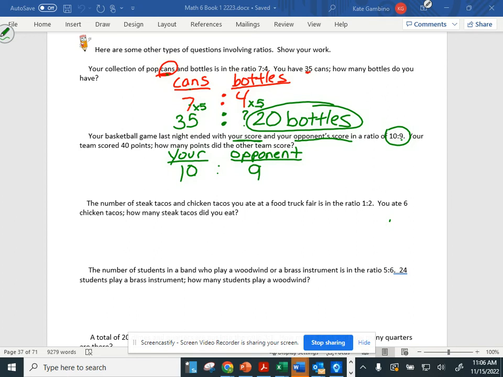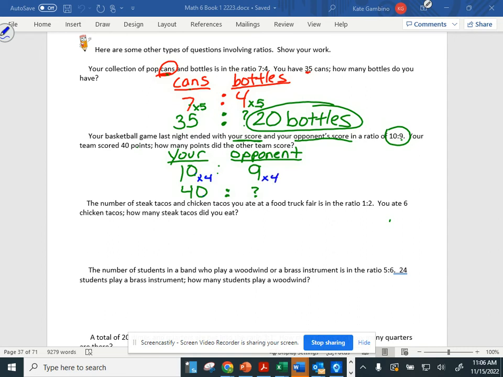Now we know that your team scored 40 points. How do I figure out what my opponent scored? Isabel, why would I multiply 9 by 4? Because I multiplied by 4 over here. 10 times 4 equals 40.